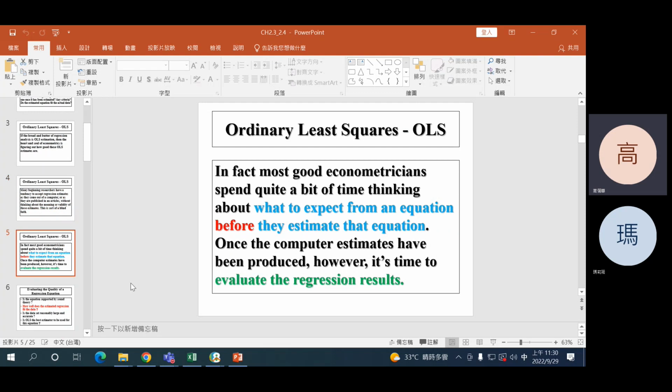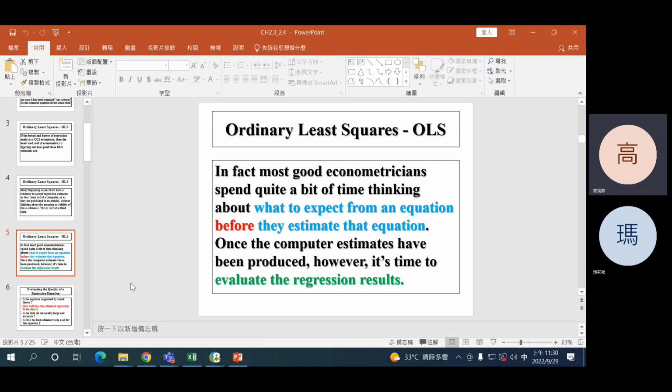In fact, many good econometricians spend quite a bit of time thinking about what to expect from an equation before they estimate that equation. So now remember this one: thinking about what to expect from an equation before they really estimate the equation.